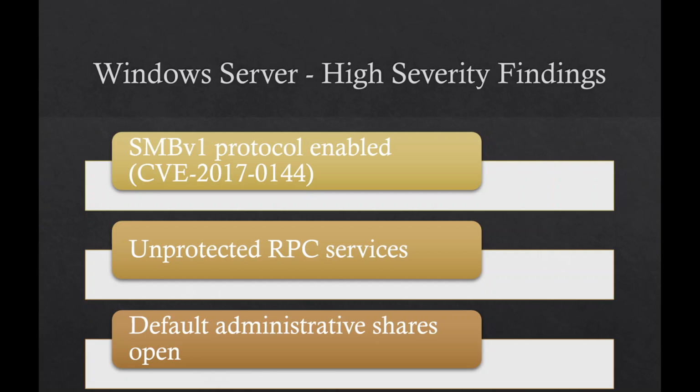Finally, default administrative shares like C$ were accessible, which could allow unauthorized users to move across the network or even exfiltrate data. These vulnerabilities, if exploited, could definitely lead to full system compromise.